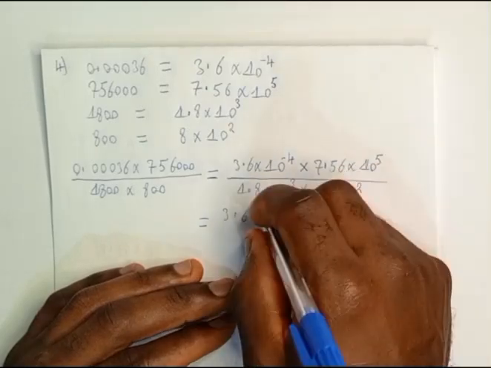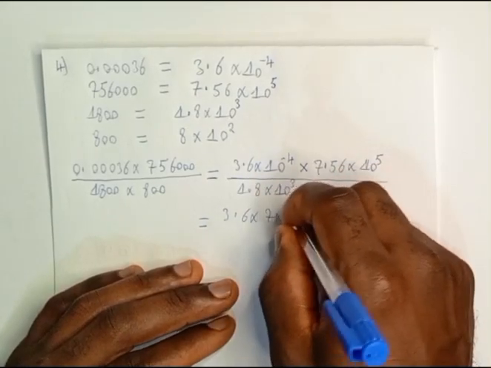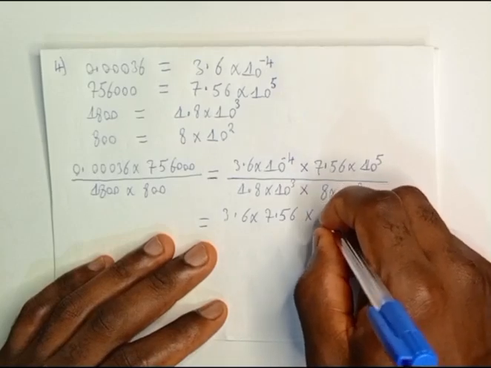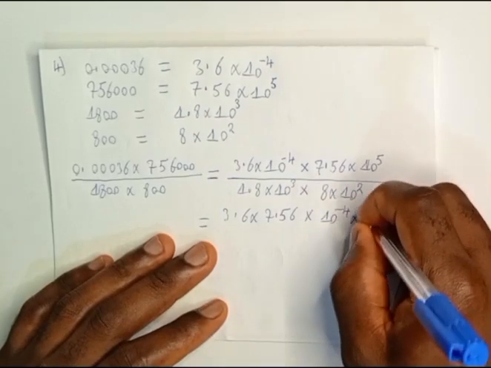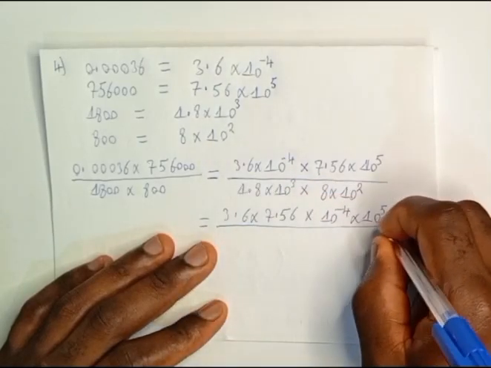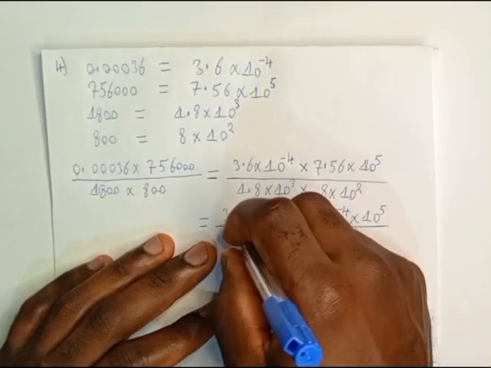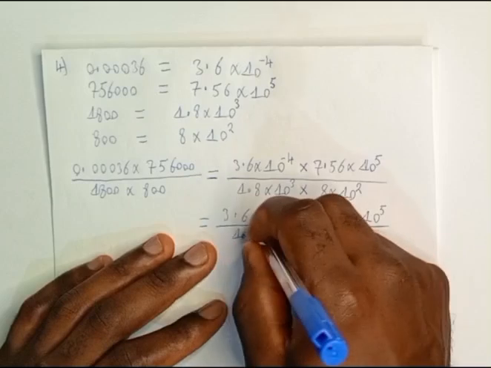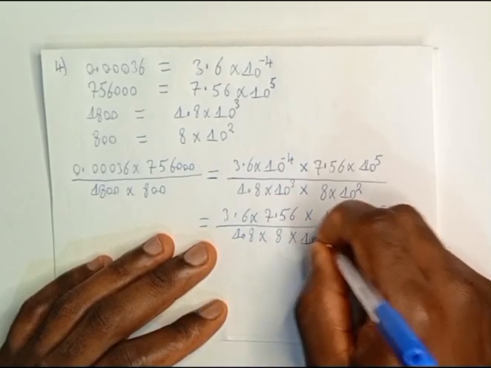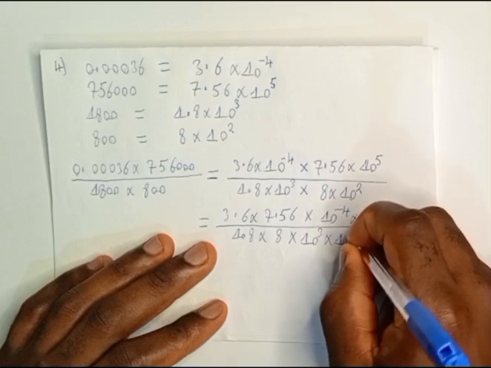This will simply be equal to 3.6 times 7.56 times 10 to the power negative 4 times 10 to the power 5. We divide by 1.8 times 8 times 10 to the power 3 times 10 to the power 2.